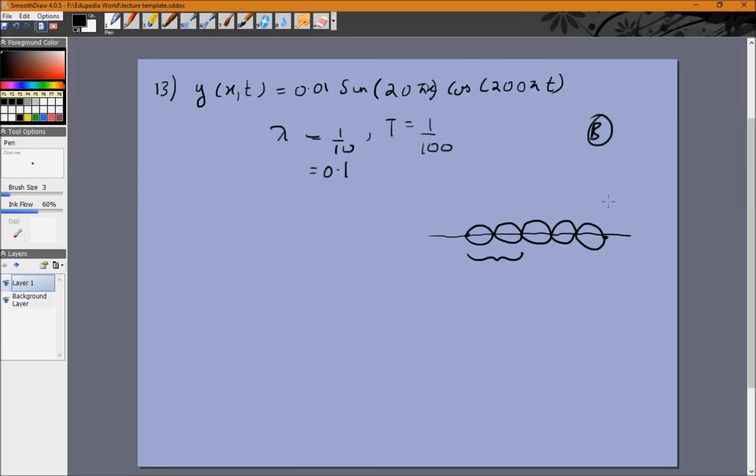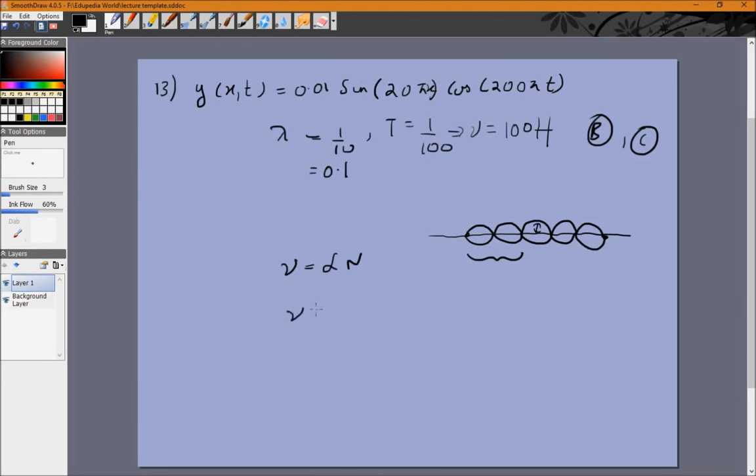The maximum displacement of the midpoint of the string: the midpoint is an antinode, so the maximum displacement certainly is 0.01. So C is also true. And the fundamental frequency is 100 Hz? No. If it's vibrating, this means the frequency is 100 Hz, but 100 Hz is for its fifth harmonic, right? And we know the frequency is proportional to the harmonic when it's tied at both ends.